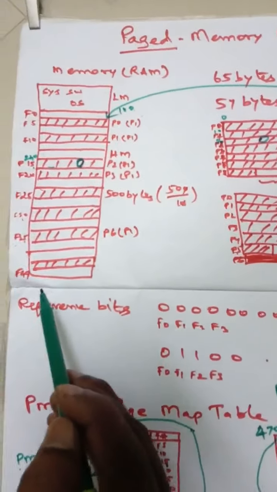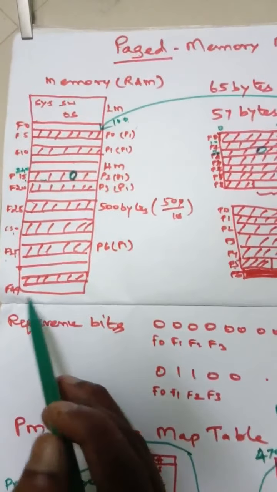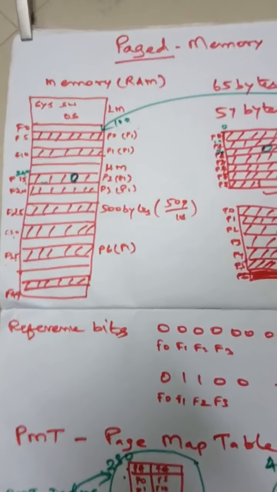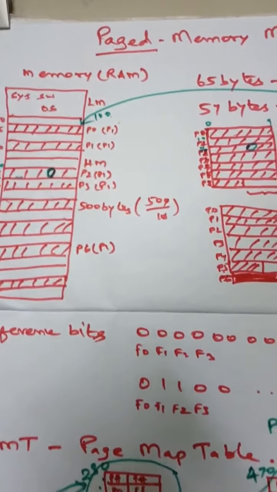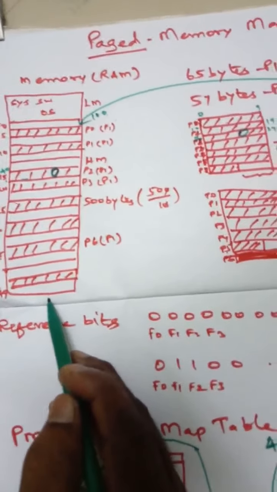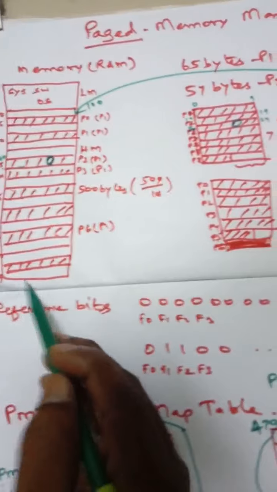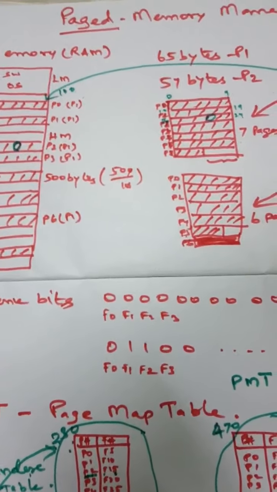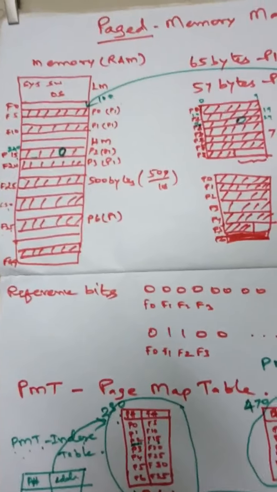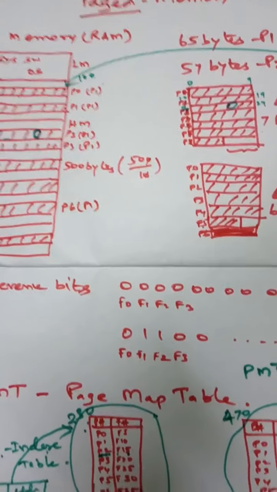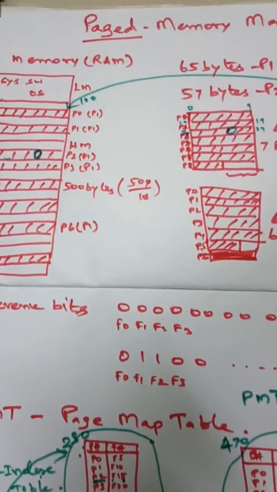But here the entire user memory area is divided into 50 partitions, complete 50 partitions. There is no more space. So using the paged memory management technique, we can eliminate external fragmentation, but there is internal fragmentation, I would like to say.